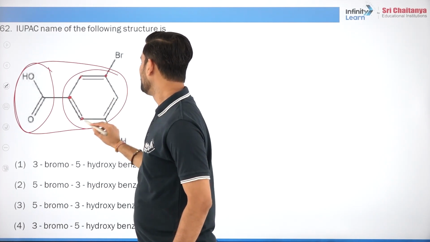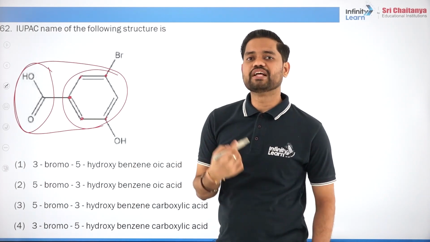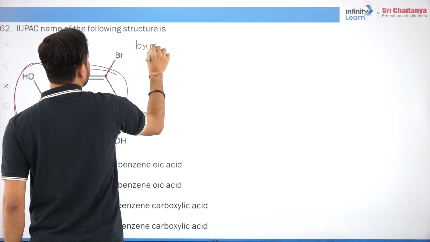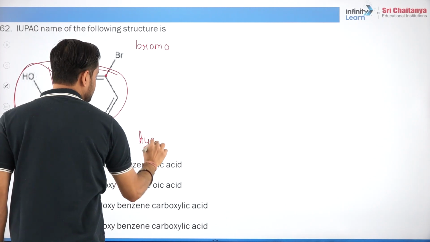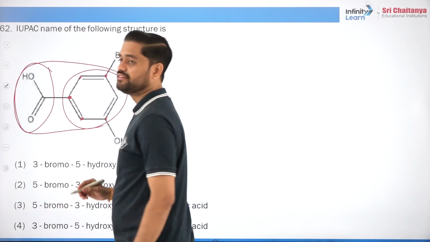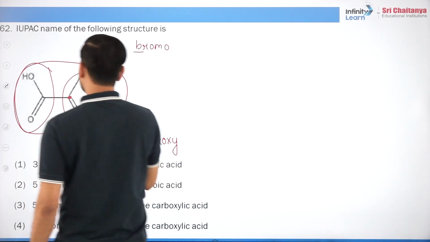Both substituents are present at the same position, then we have to go with alphabetical order. This substituent name is bromo, and this is hydroxy. Bromo starts with B, hydroxy starts with H, so bromo wins, and I'll do the numbering from this side.